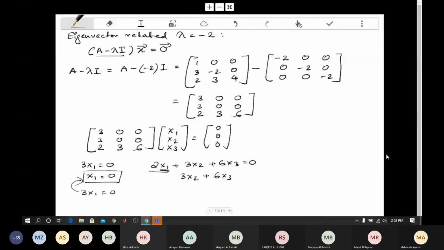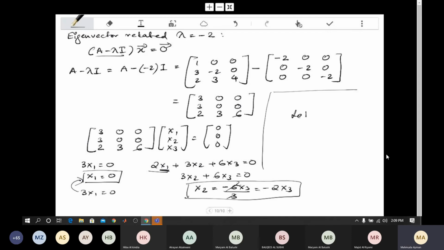So x2 can be written in terms of x3, which will be minus 6x3 divided by 3. So that is equal to minus 2x3 here. So now let's choose x3 to be equal to 1.